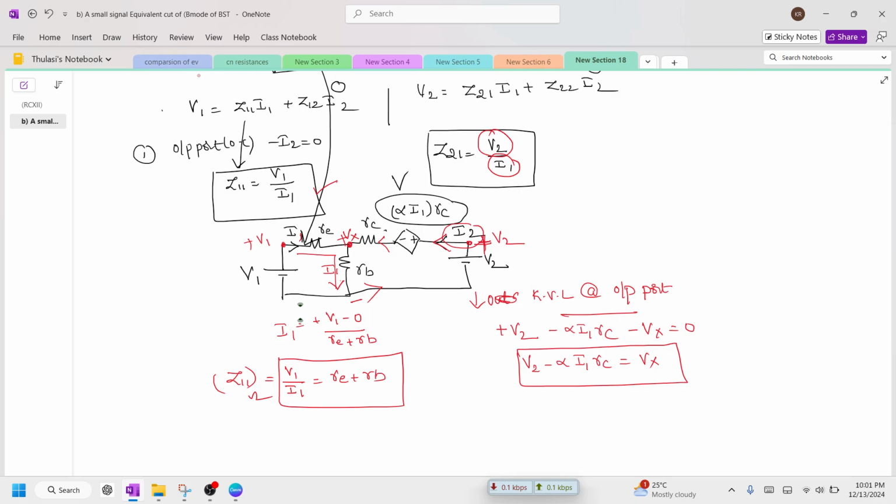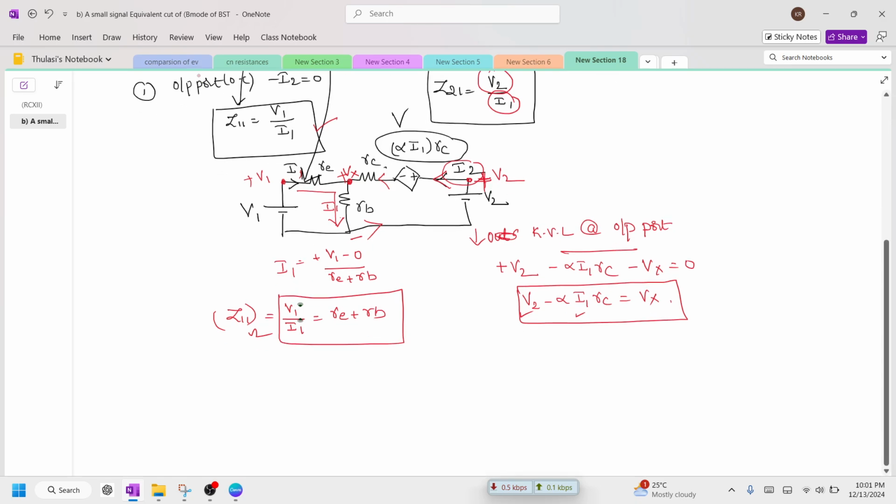But I want the relationship between I1 as well as V2. But the unknown is Vx. So we have to solve for Vx. So now how to write down Vx?